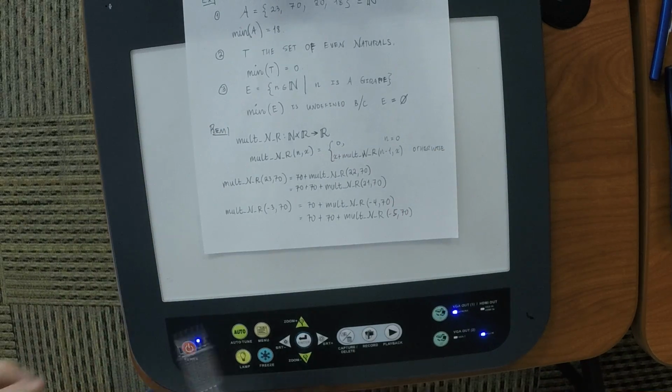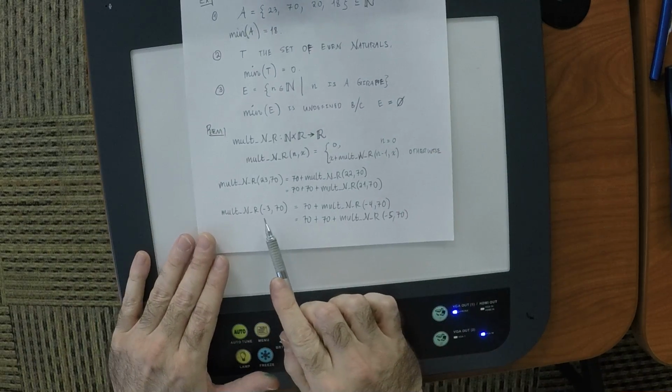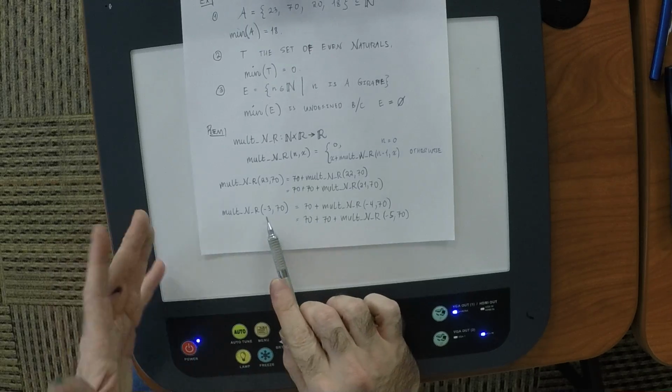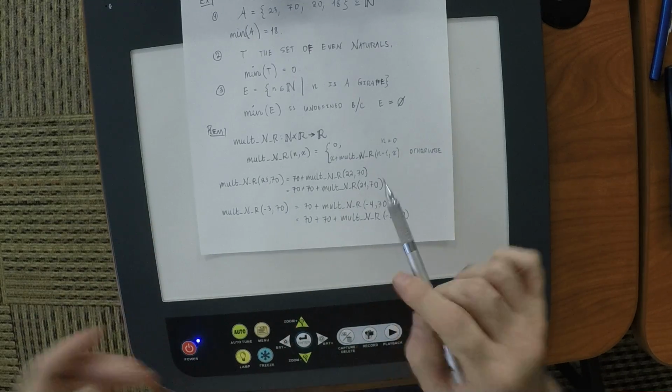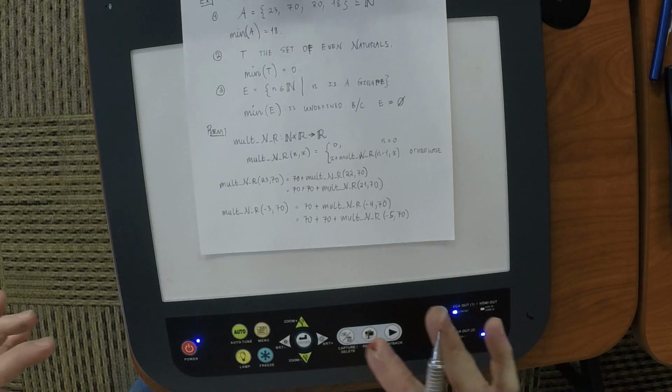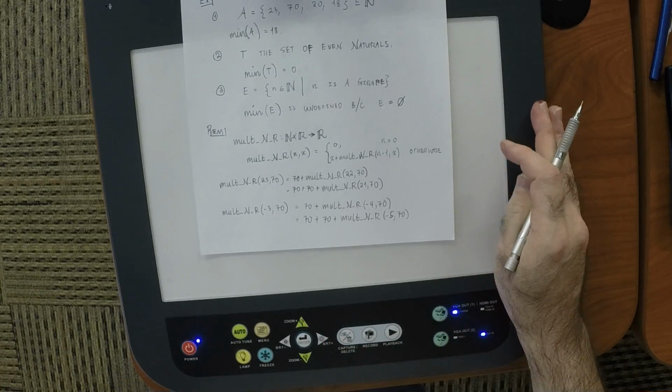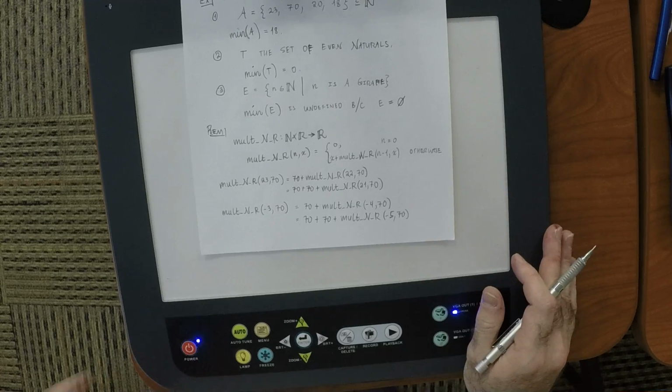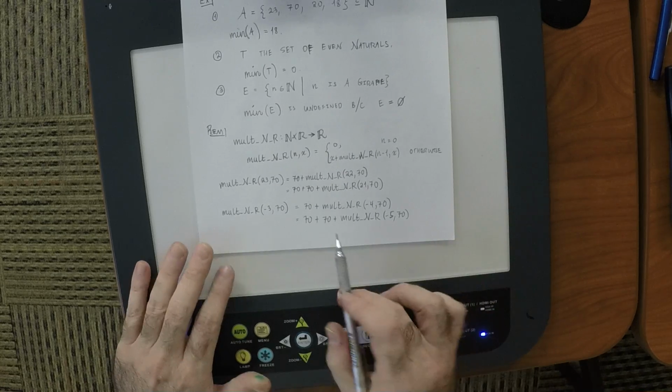Okay, so notice that concerning the set of first arguments, so far it contains negative 3, negative 4, negative 5. So is that set non-empty? Yes, it's non-empty, so that's good. Is it a subset of the naturals? It is not. Therefore, we can have no expectation that there should be a least element. It's non-empty, that's good, but it's not a subset of the naturals.